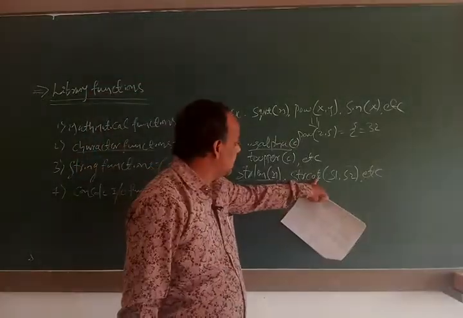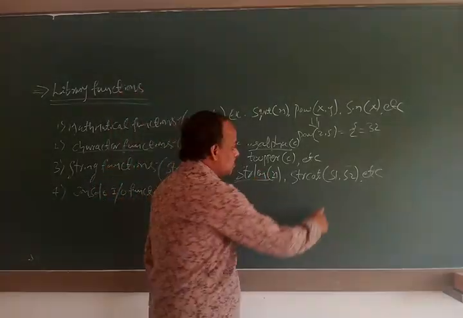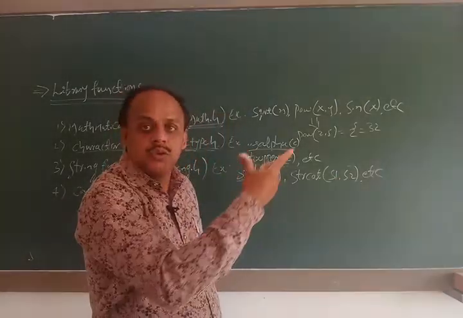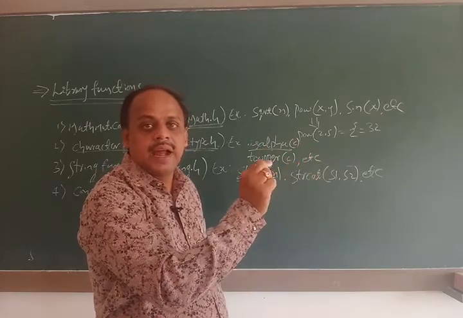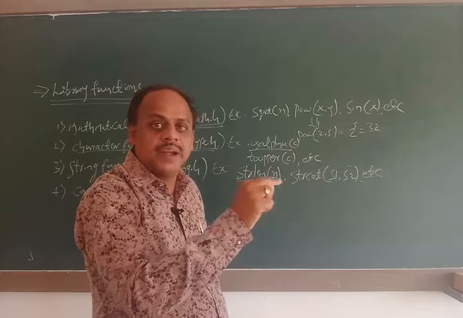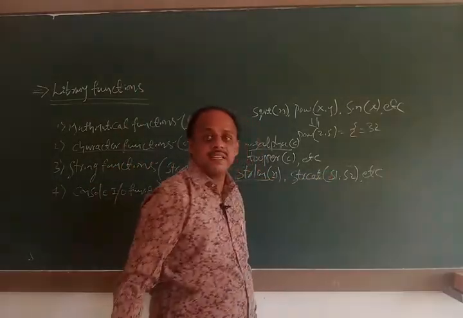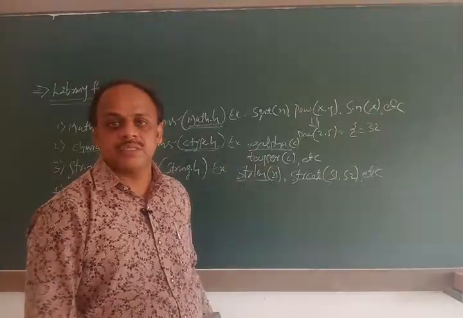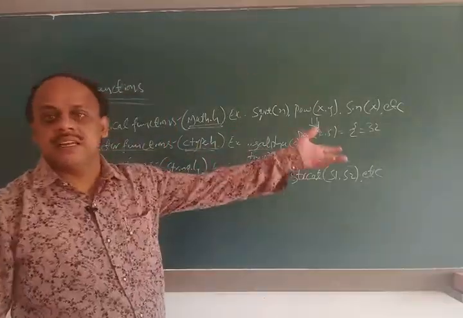Next, strcat means string concatenation. That is, s1 comma s2 means those specified strings s1 and s2 are added. So to add two strings, we use the strcat function, that is string concatenation. Regarding these functions, we are going to discuss in detail in the next chapter.